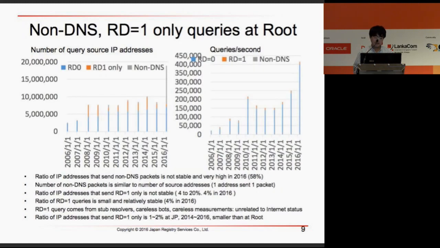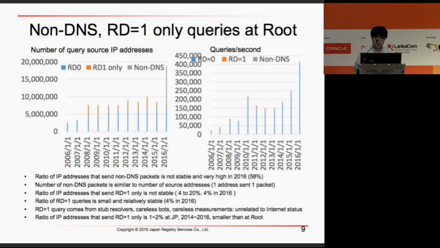And these graphs show non-DNS and RD1 query-only queries at root. The left graph shows the number of query source IP addresses. The blue line shows normal recursion desired off, the orange line shows recursion desired set only, and the gray line shows non-DNS packets.